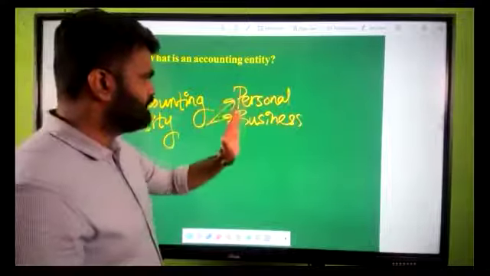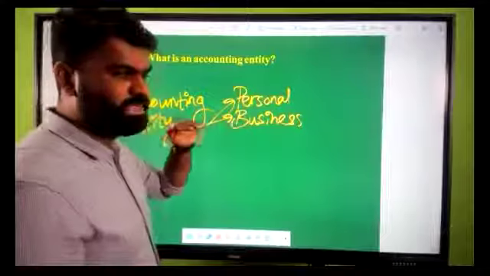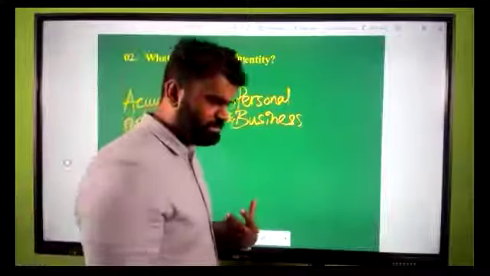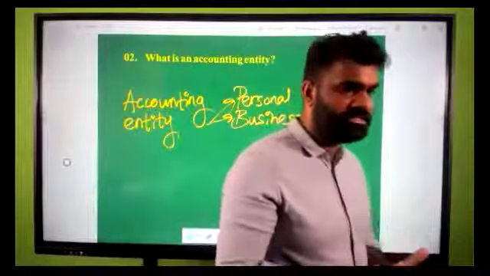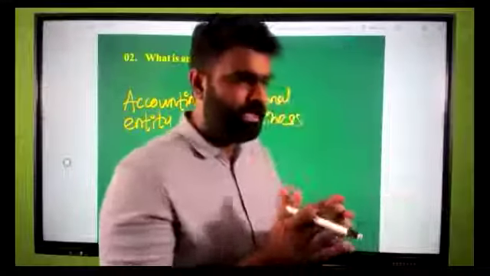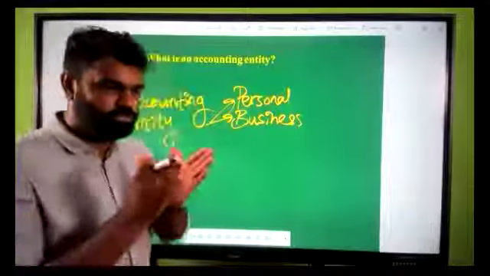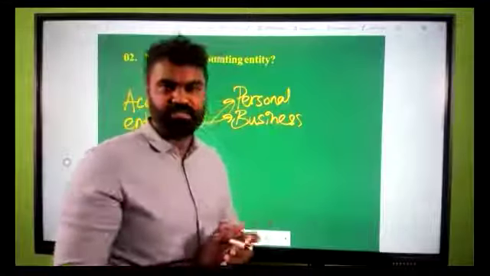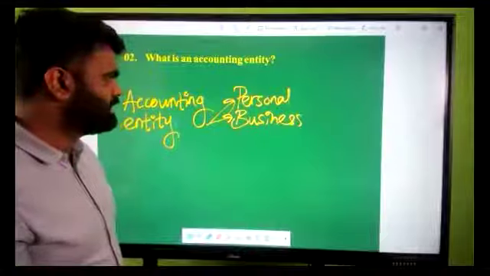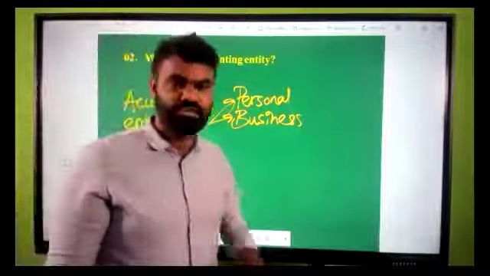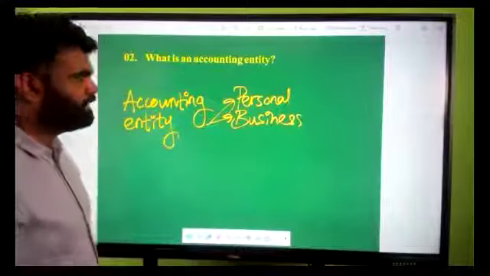This is personal accounting, this is business accounting. A business should calculate its total incomes and total expenses, how much to distribute to the shareholders as dividends, and how much to keep in reserves for future consumption. Business accounting includes that, and also how to pay taxes to the government.